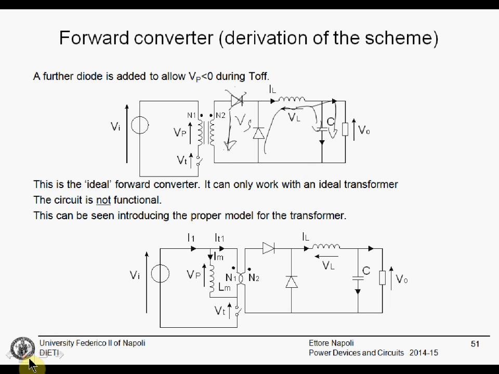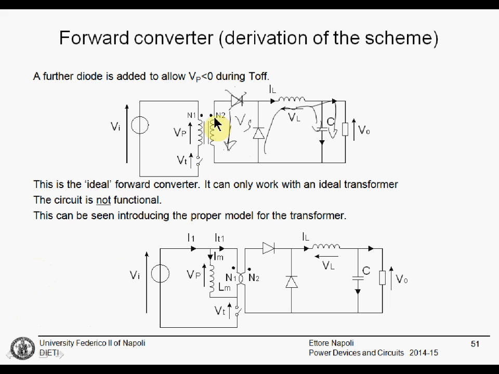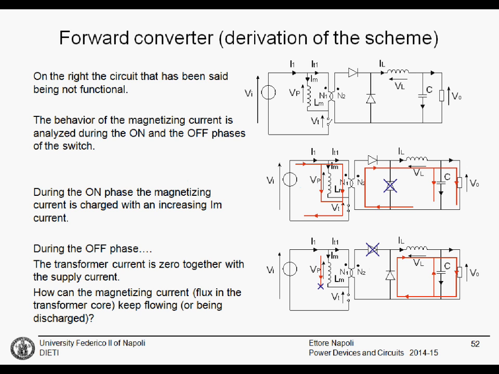Again, we can introduce the proper model for the transformer, and we substitute this transformer with an ideal transformer and the magnetizing inductance. Let's see.